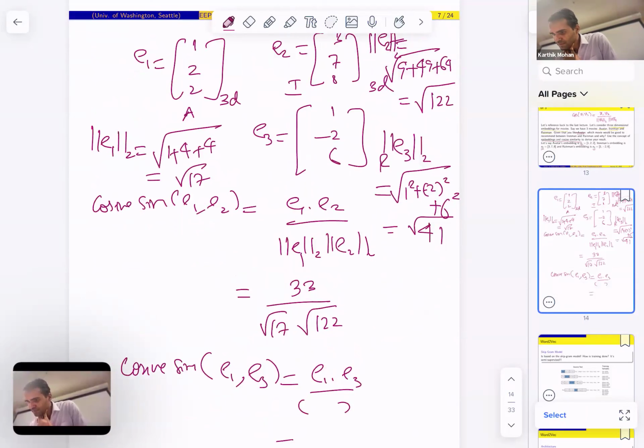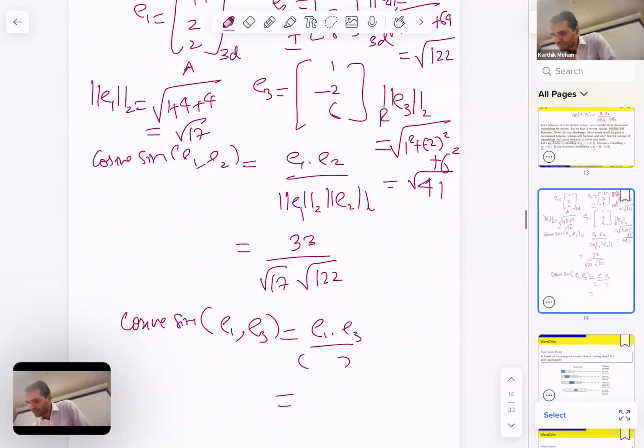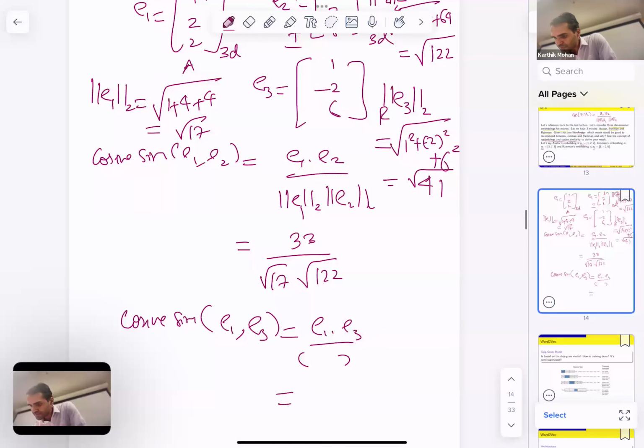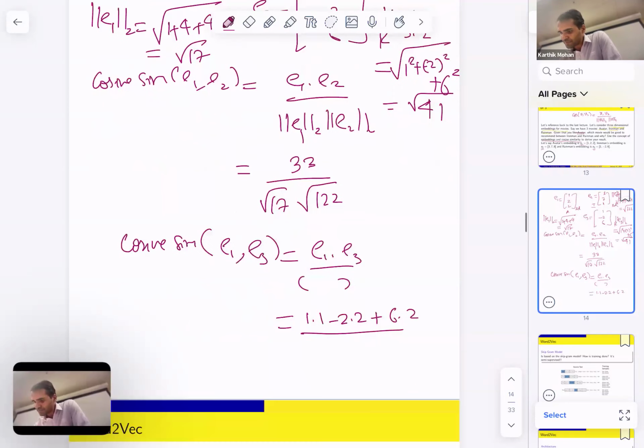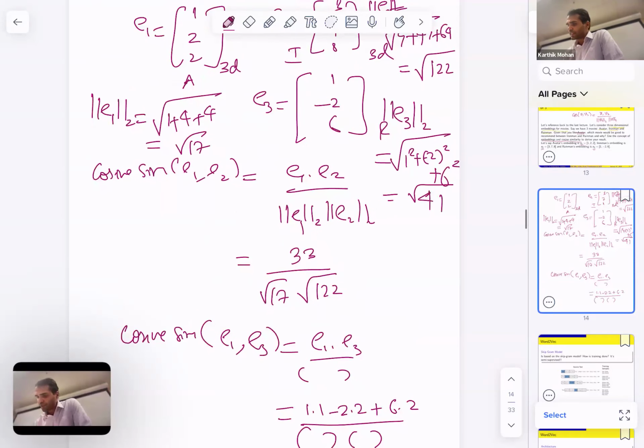So this is 1 times 1 minus 2 times 2 plus 6 times 2. So you have to take the sign into account here. For the norm, the sign doesn't matter because you're squaring it. But for the dot product, the sign matters.